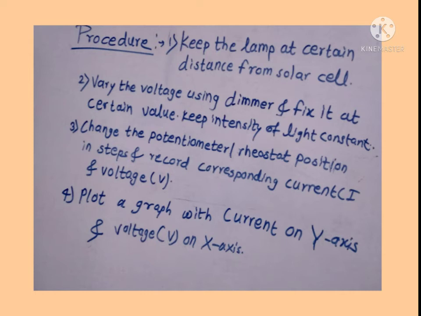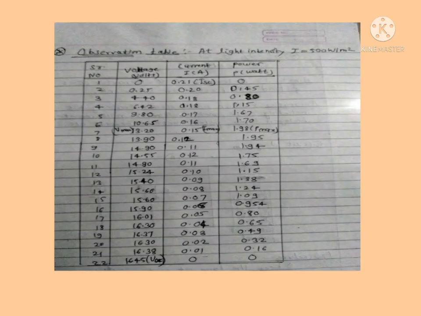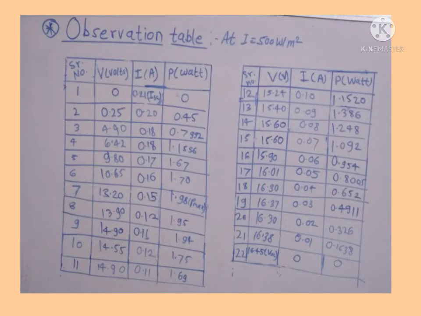Change the dimmer's position in steps and record corresponding current and voltage readings. Plot the graph with current I on y-axis and voltage V on x-axis. As we change the dimmer's position, we observe that as the voltage readings change, corresponding current readings also change.